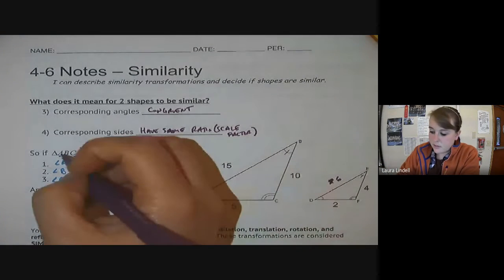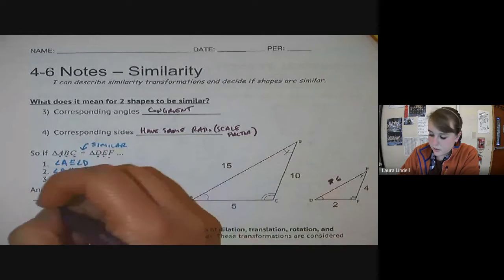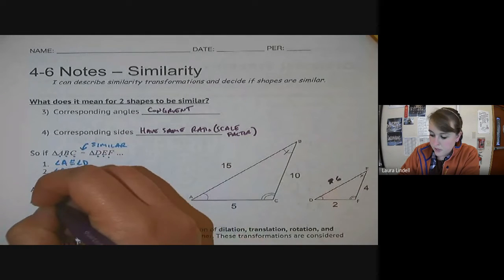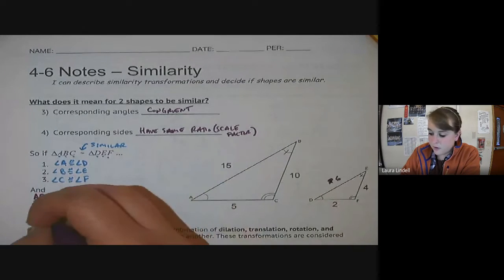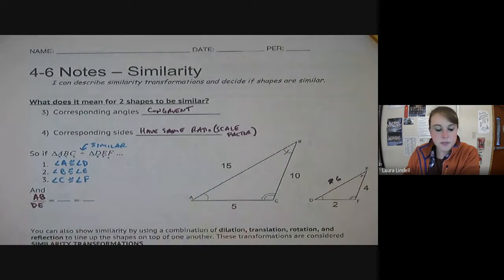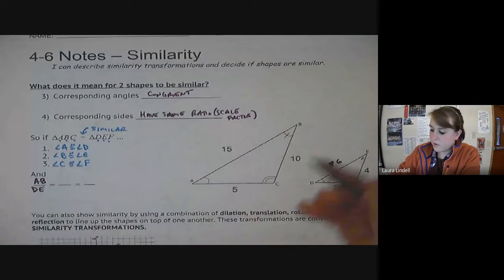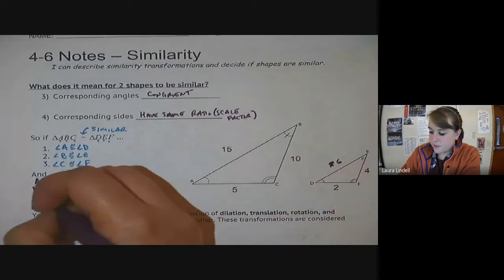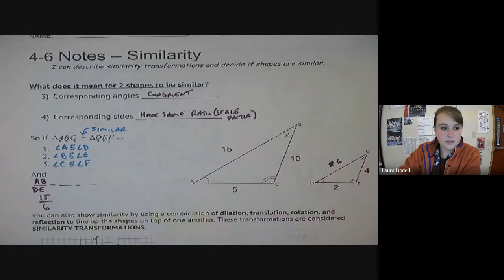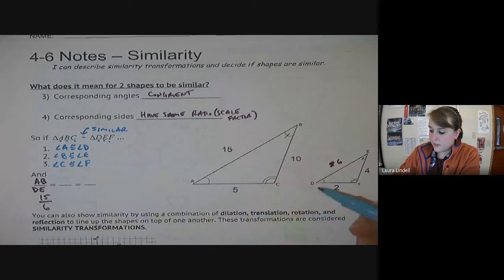So in this case, if we start with the first two letters, AB, I'm going to put them on top of the fraction, and then DE, the first two letters over here, are going to go on the bottom. And we can do this with letters. We can also do it, since this is a more specific example, with the actual numbers. So 15 over 6, since AB is 15 and DE is 6.